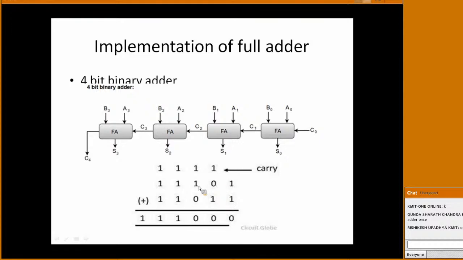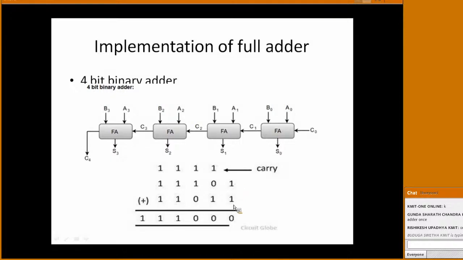Whenever you have more bits to be added, whatever carry is generated after performing 9 plus 6, that carry will be added to the next bits for performing the addition. In the same way, in binary addition also, if you have a carry, that will be included to perform the addition operation. 9 plus 6 means 5 is your sum, 1 will be your carry.